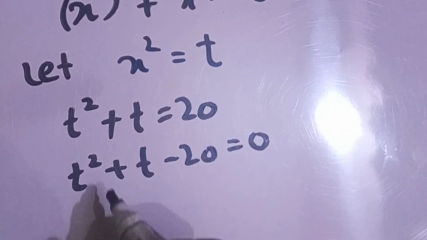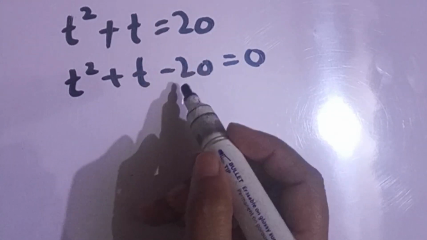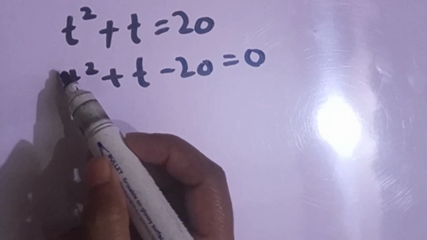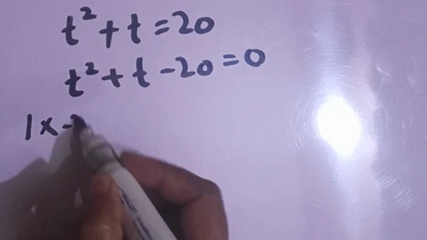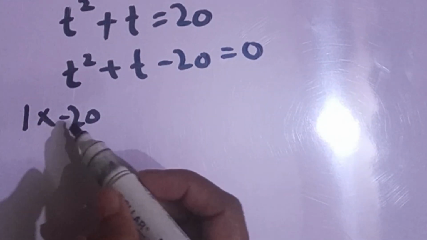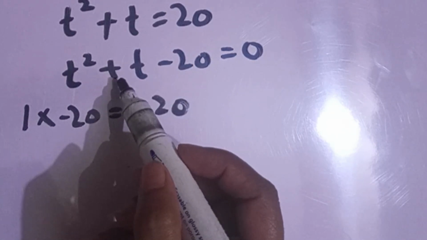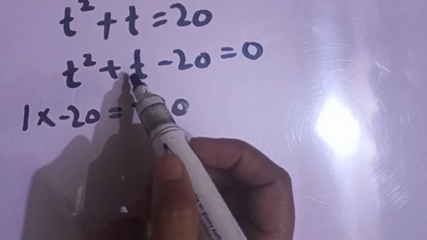Now this will become a quadratic equation. Find the factors of this equation. Look at this t square. The coefficient of t square is 1 and the constant is minus 20. Multiply this 1 by minus 20, we get minus 20, and our middle term is t. The coefficient of this is 1.